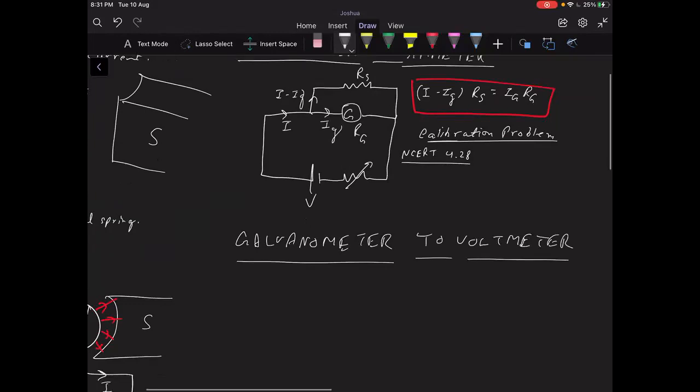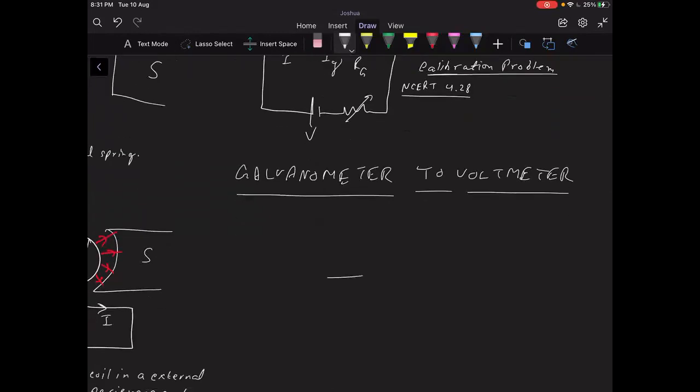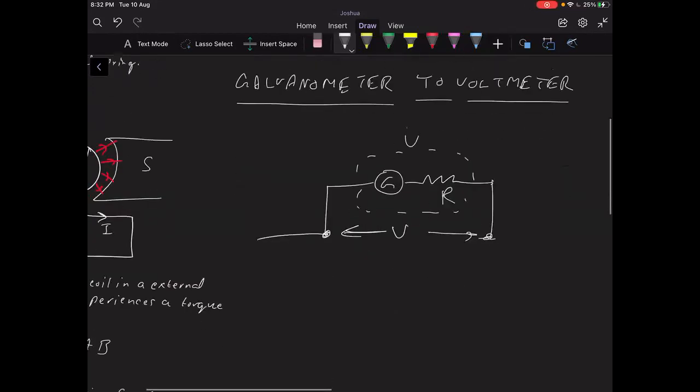Okay. So galvanometer to voltmeter. What happens is that this is the galvanometer. You connect a resistor in series with the galvanometer. So let us suppose that you are trying to measure the voltage across something. Then this is your voltmeter. Here, let us suppose there is a potential difference of V that you're trying to measure. It can be a resistor, capacitor, whatever it is.